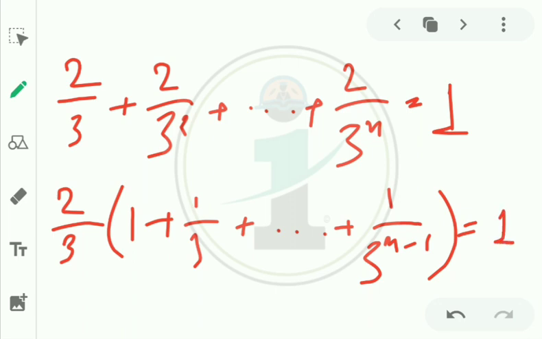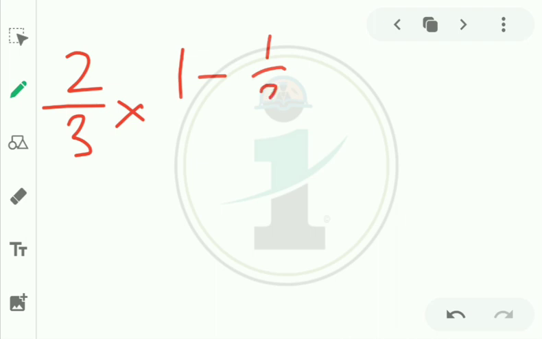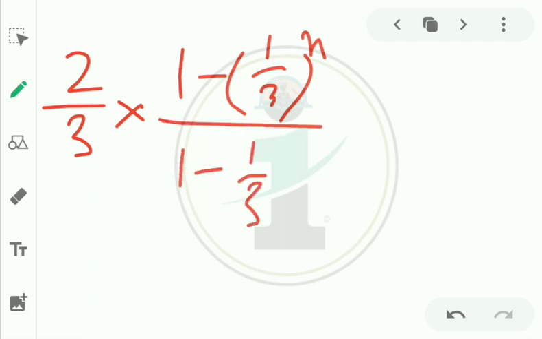Now this series is a GP series. So we will sum up this series as 2/3 into 1 minus (1/3) whole to the power n, as there are n terms in the series. So this is the standard summation form of GP series, which must be equal to 1.